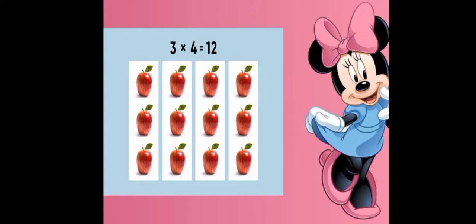There are 3 rows and 4 columns. So 3 rows multiplied by 4 columns is equal to what? Okay, very good. 3 rows multiplied by 4 columns is equal to 12.